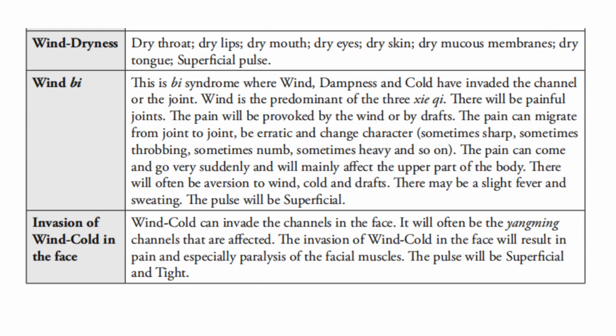Sometimes sharp, sometimes throbbing, sometimes numb, sometimes heavy, and so on. The pain can come and go very suddenly and will mainly affect the upper part of the body. There will often be aversion to wind, cold, and drafts. There may be a slight fever and sweating. The pulse will be superficial.